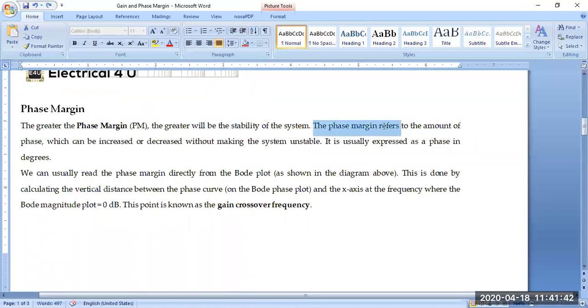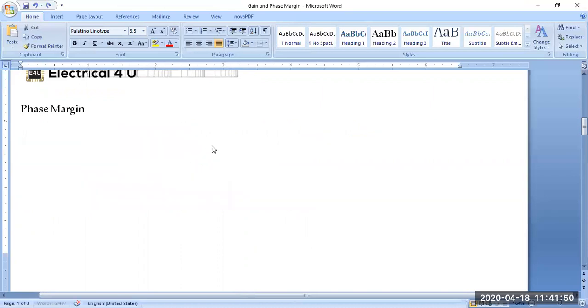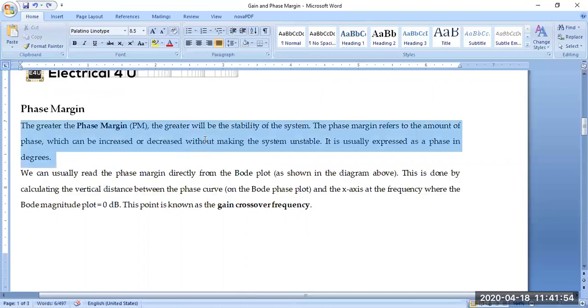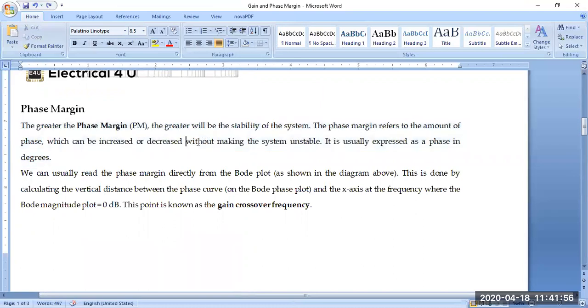The phase margin refers to the amount of phase which can be increased or decreased without making the system unstable. So we have to take care that the system should not become unstable.